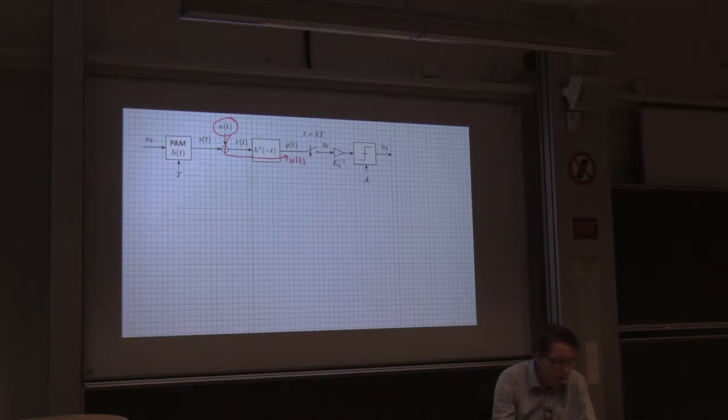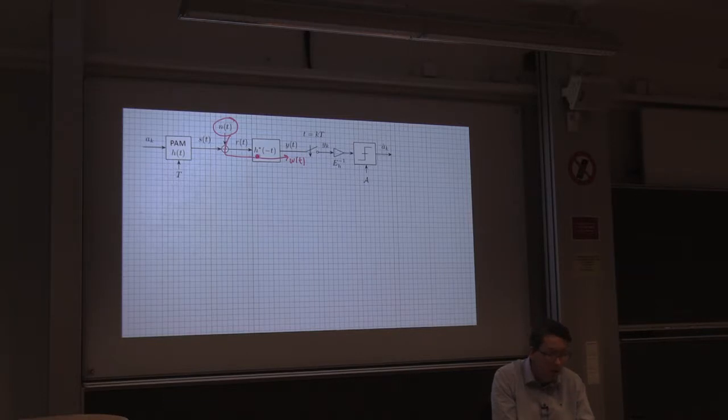The difference from the derivation we just did and this setup is that we now have an impulse response which is matched to the pulse that we are transmitting, so it's matched to H. But we remember that the statistical properties of W only depend on the energy of this impulse response, not its actual shape.